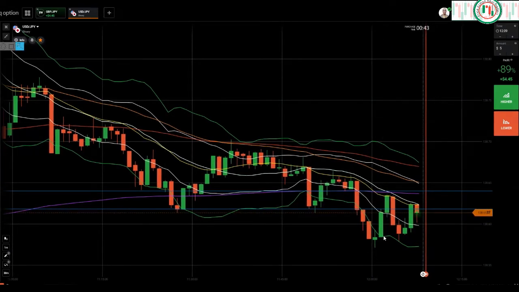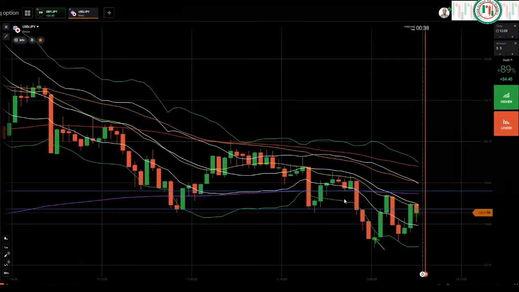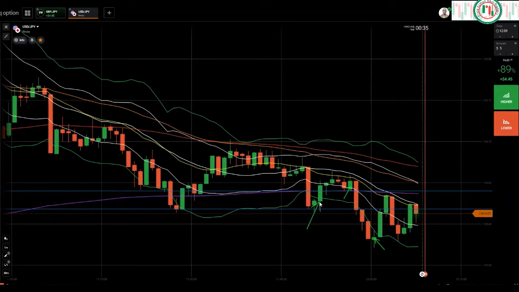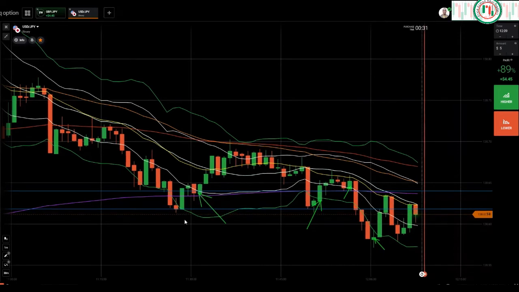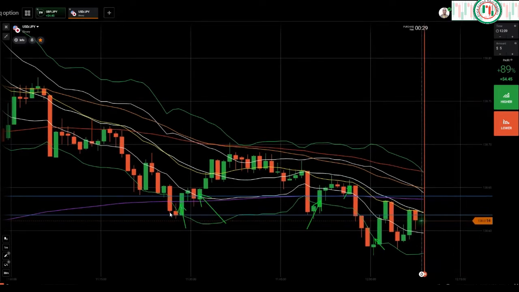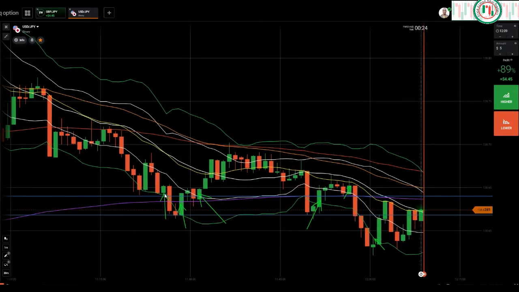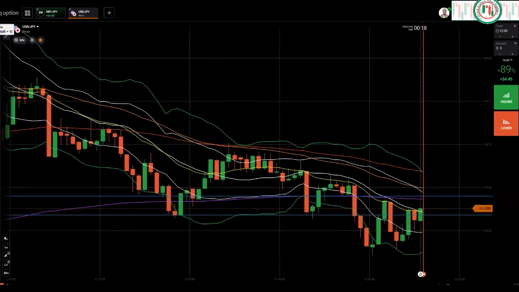Within 30 minutes, you have 1 trade here, 2 trades if you know running candle, 3 trades here, 4, 5, and 6 trades. You have 6 trades within 30 minutes in one zone, which is very, very simple, and very okay.